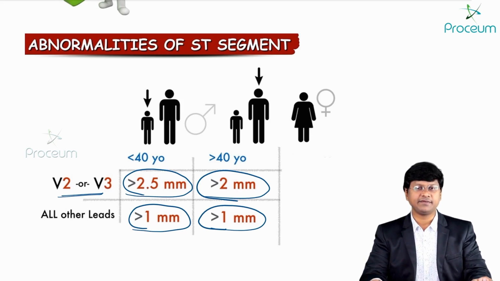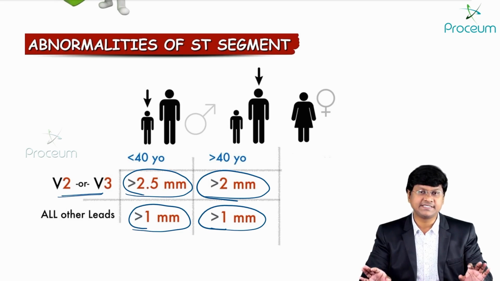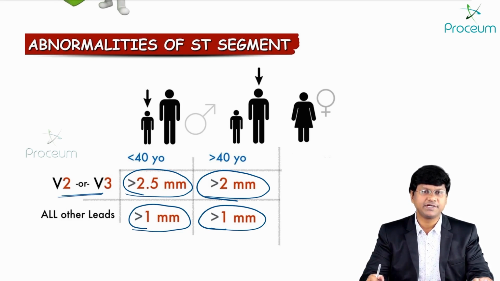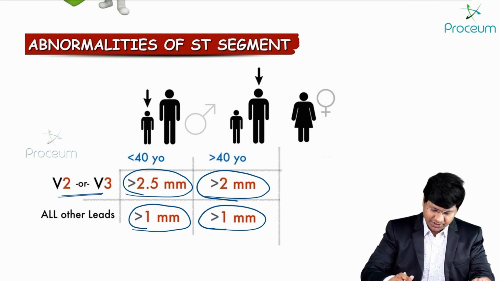Now, ST segment elevation doesn't mean only myocardial infarction. There are many clinical conditions where you have the ST segment elevation. Now let me show you an ECG as well as the conditions where you have the ST segment elevation. So you see this question.